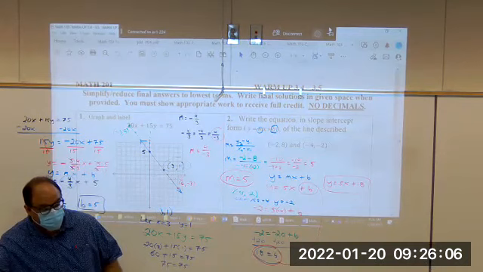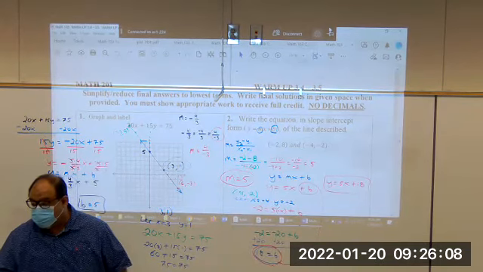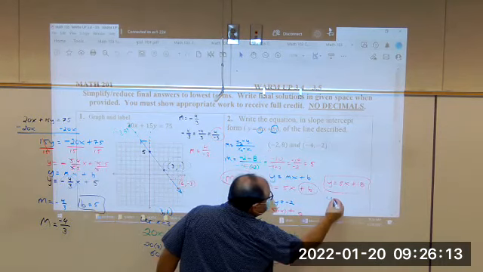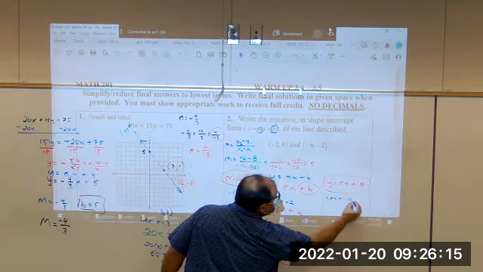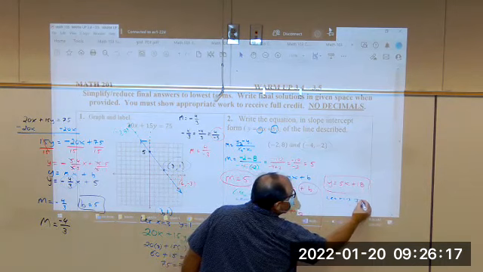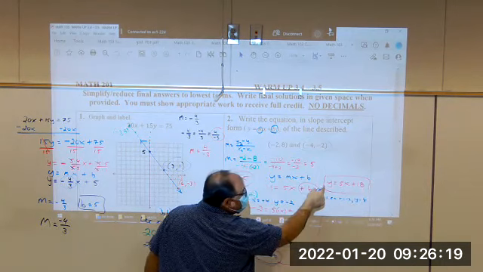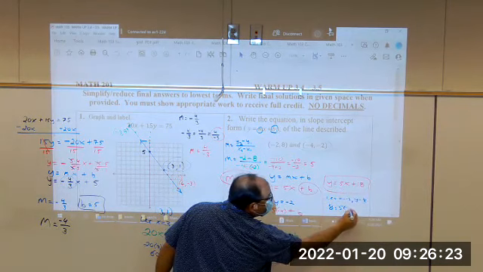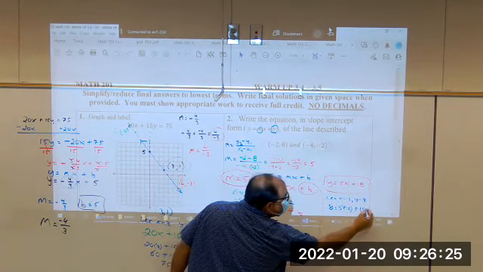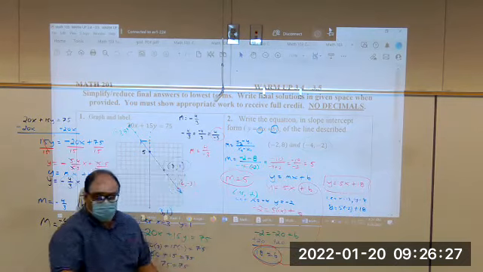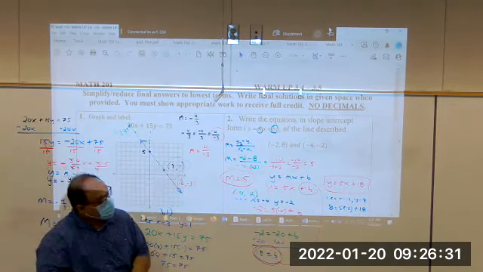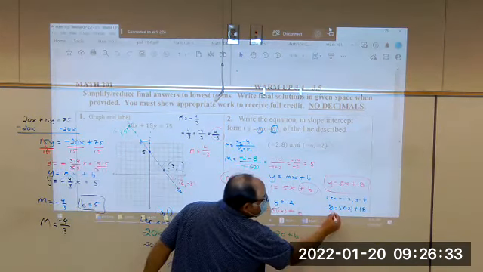You don't get to enter your answer and it tells you if you're right or wrong. If I let x equal -2, that's for a check, and y equal 8, I plug in 8 equals 5 times -2 plus 18. That should come out true. If it doesn't come out true, then I made a mistake somewhere.